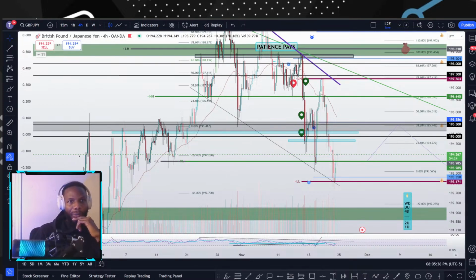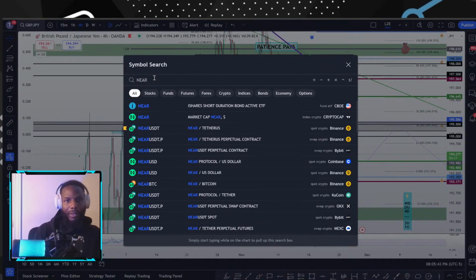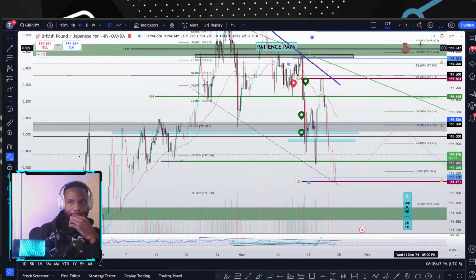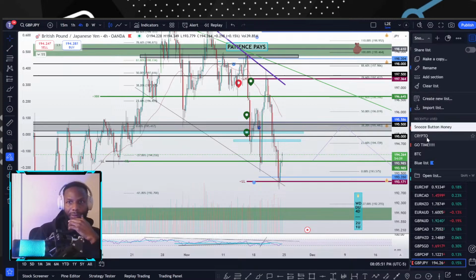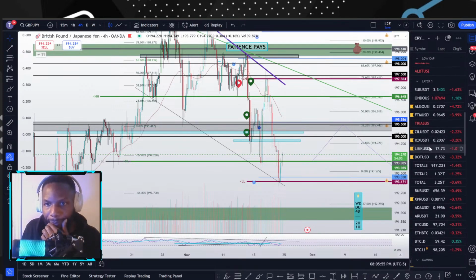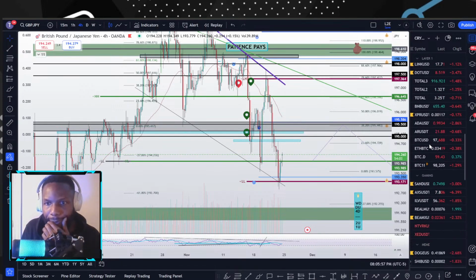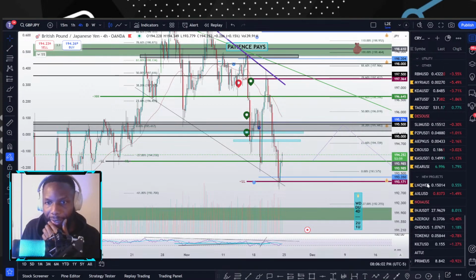I think Near Protocol is about to break out as well. I think I have it listed here in my crypto. Where's Near? Near is an AI project.